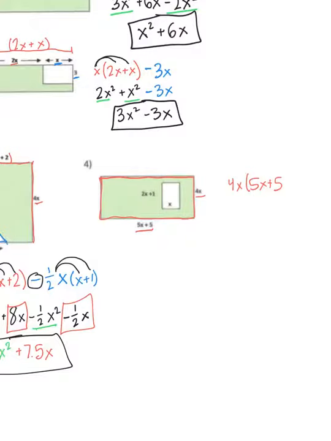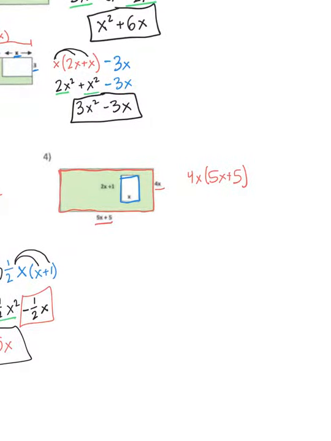Then I've got my hole in the middle. My hole is a rectangle again, so I'm going to subtract my length times width of that hole. So that would be x times 2x plus 1.